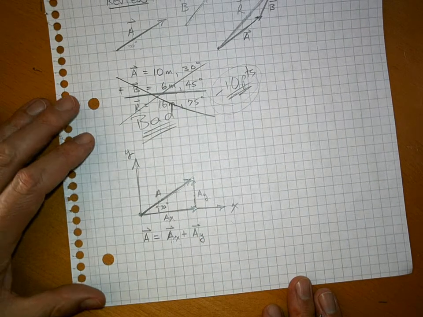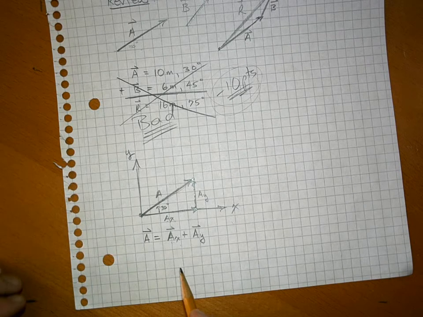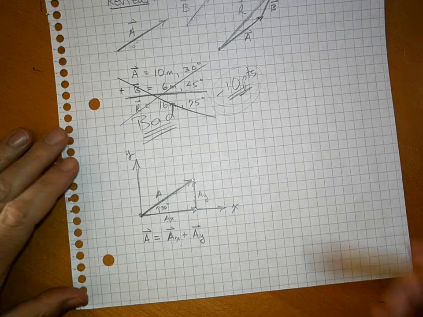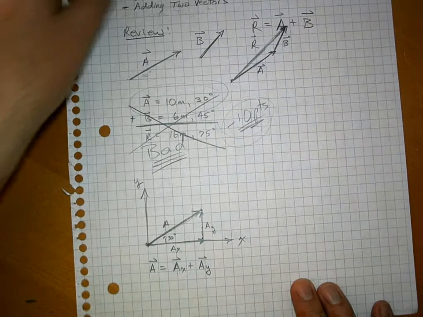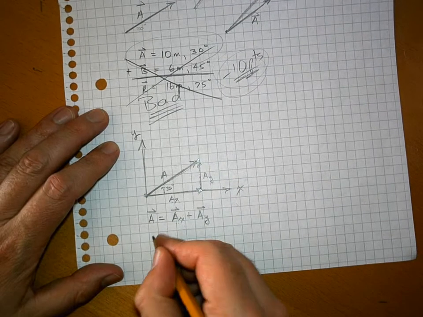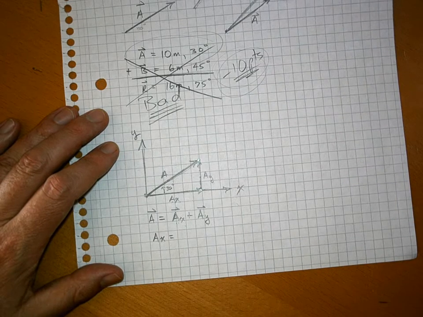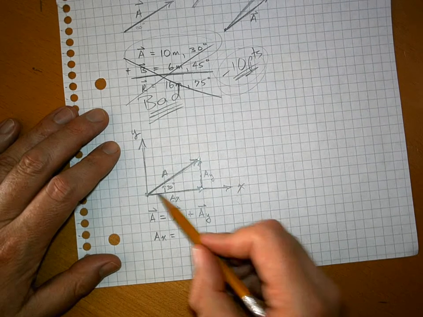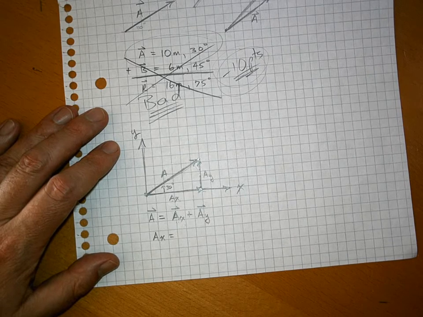Now, what is A in the X and what is A in the Y numerically, given what I said, that A is 10 meters at 30 degrees? Well, let's figure that out. How do we figure out what the X component is of the A vector? Well, it's just a right triangle. We just use right triangle mathematics.